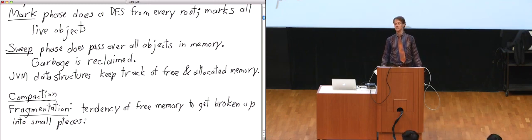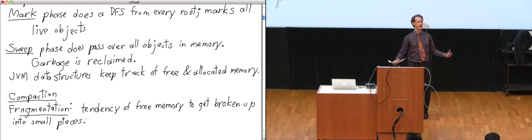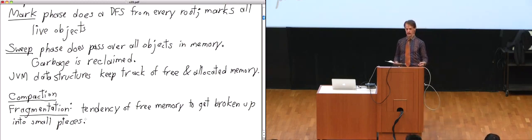And the problem with fragmentation is it might leave you in a situation where you have lots of free memory, and yet you can't allocate a large object because it's all broken up into little pieces.